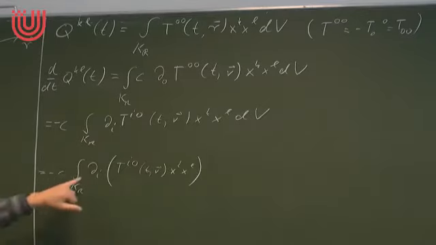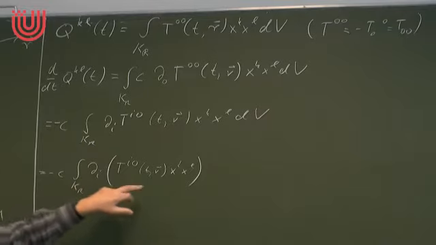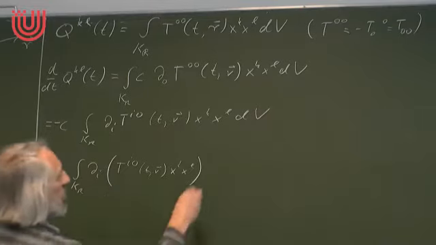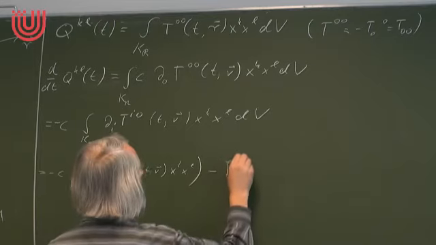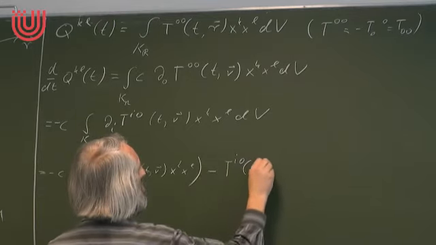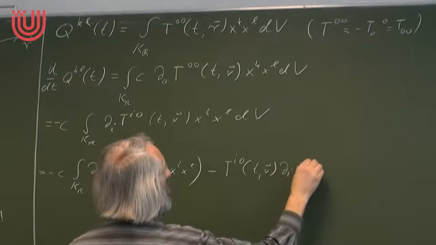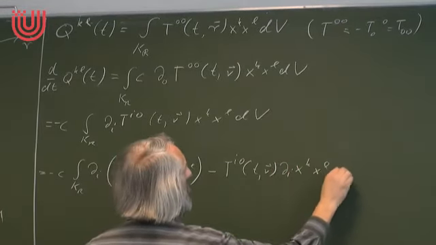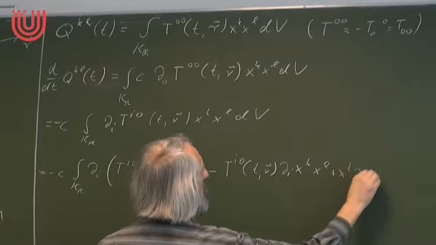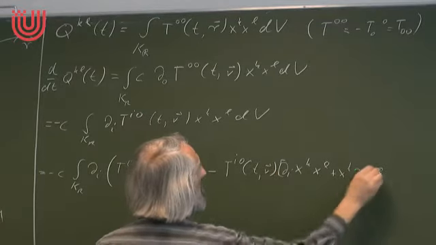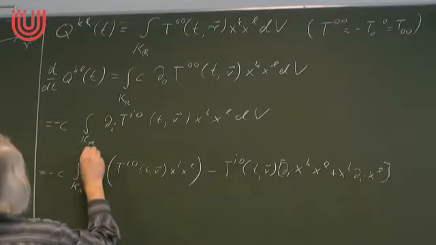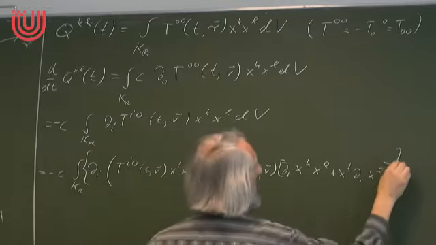And then I subtract the terms which I've added, right? I have added derivatives of these two terms. So I subtract them now: T^{i0}(t, r) (∂_i x_k) x_l plus x_k ∂_i x_l. And here's a bracket.